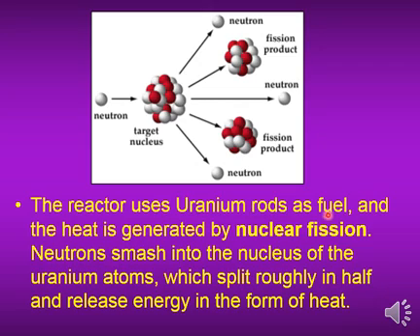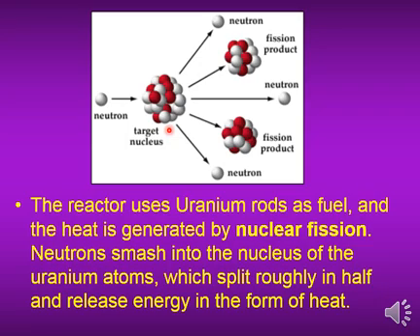The reactor uses uranium rods as fuel, and heat is generated by the nuclear fission. Neutrons smash into the nucleus of the uranium atoms, which splits roughly in half and releases energy in the form of heat. Let me explain it with the figure.